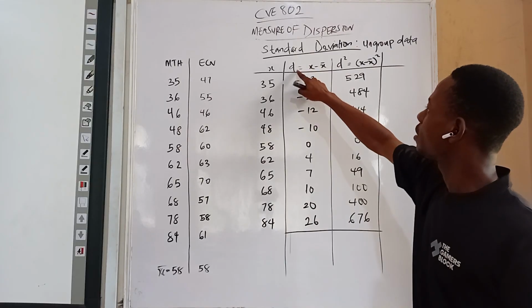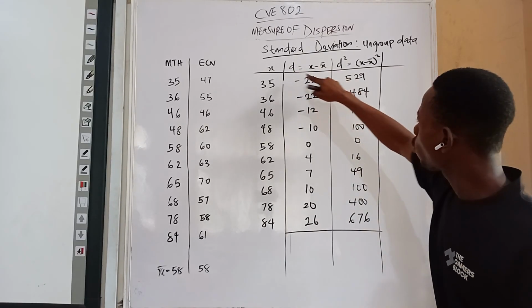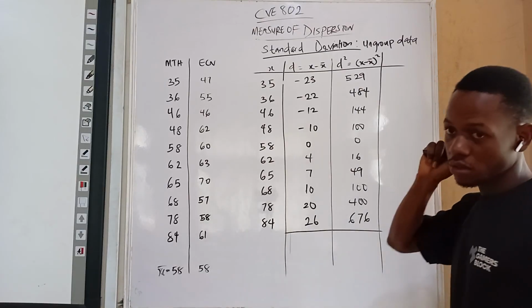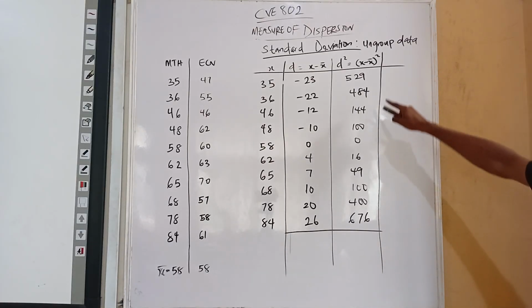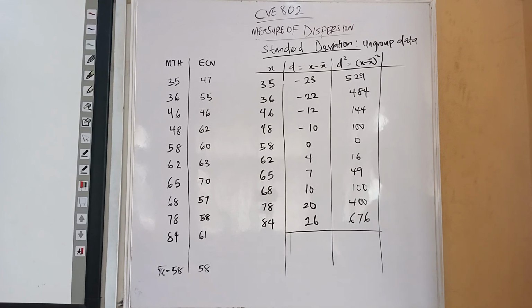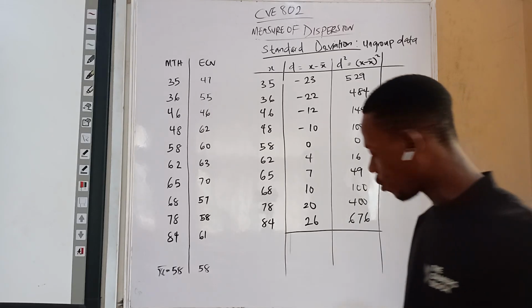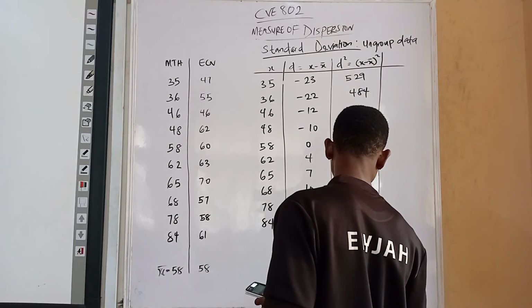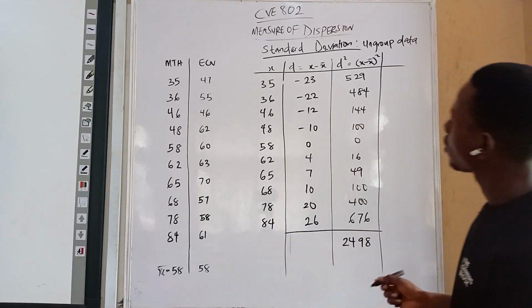After squaring, we now find the sum of the squares. 676 plus 400 plus 100 plus 49 plus 16 plus 100 plus 144 plus 484 plus 529 gives 2498. So that's the sum.